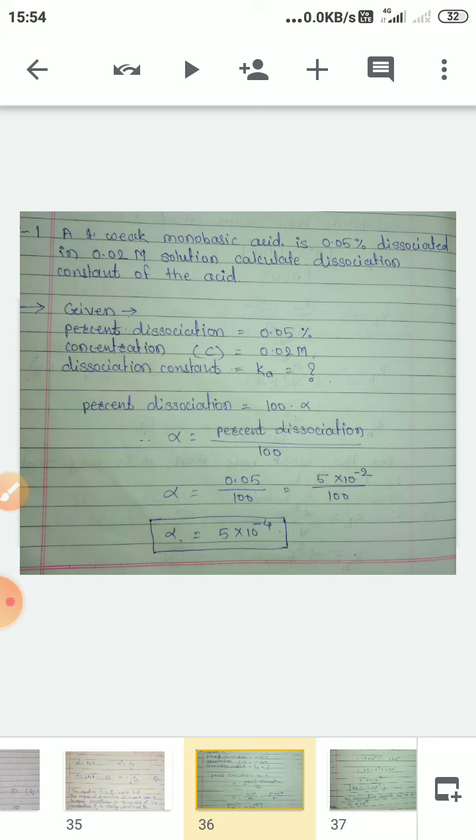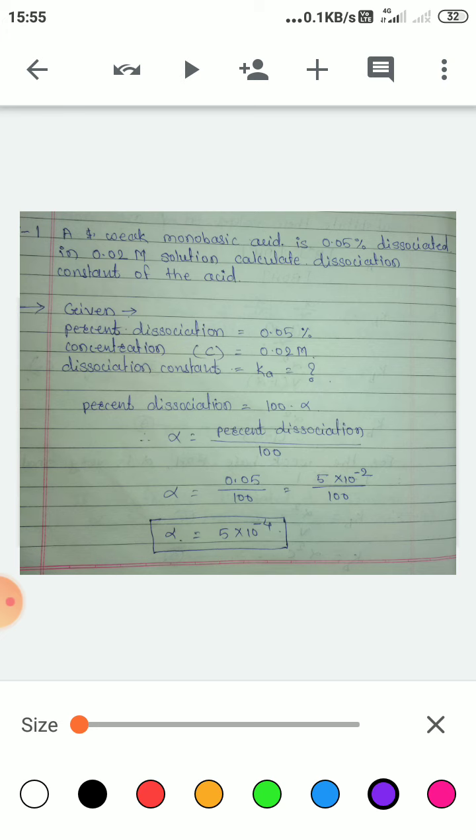First, write down the formula for percent dissociation, which is equal to 100 into alpha, where alpha is the degree of dissociation.